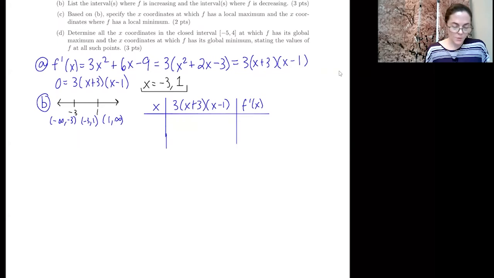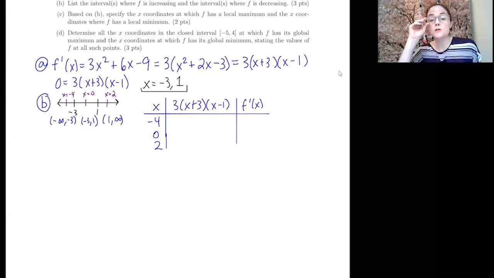So let's pick some points in each open interval. Here, for instance, I can use x equals negative 4. Here, the easiest one is 0. And then here, I can use 2. Okay, so let's test minus 4, 0, and 2.